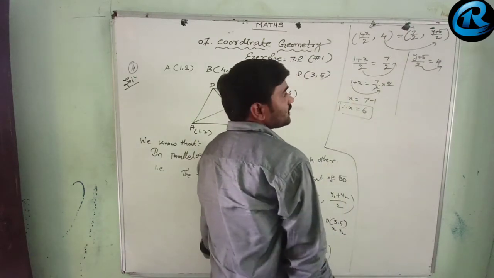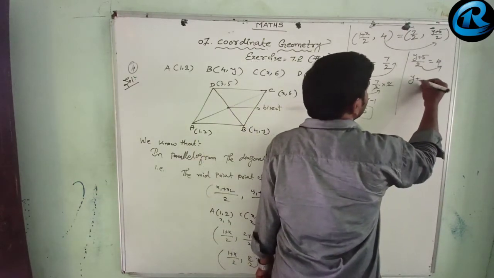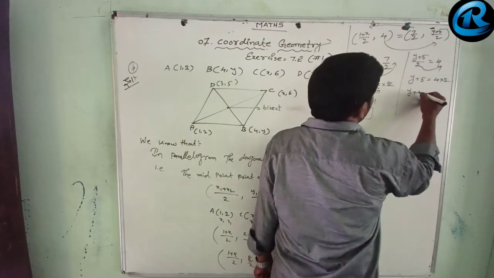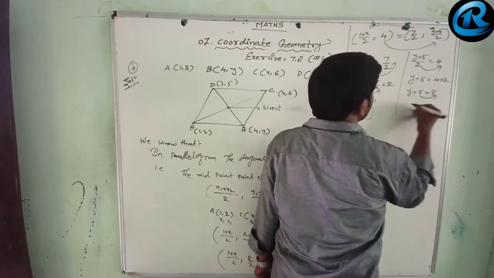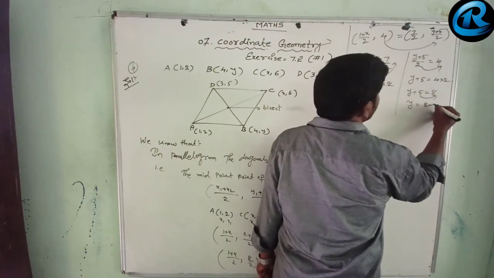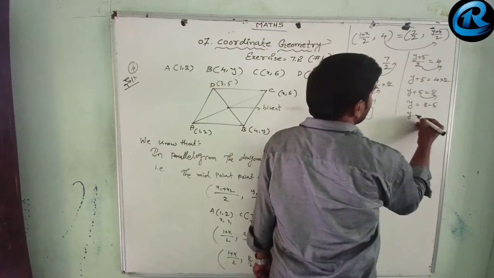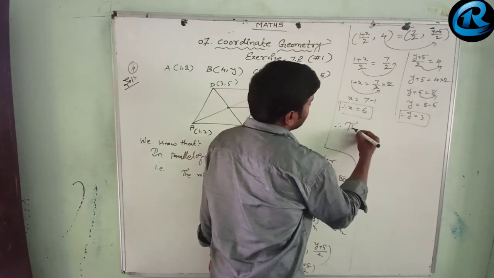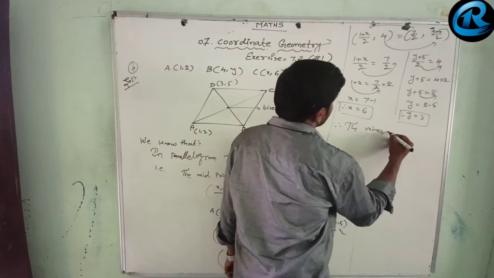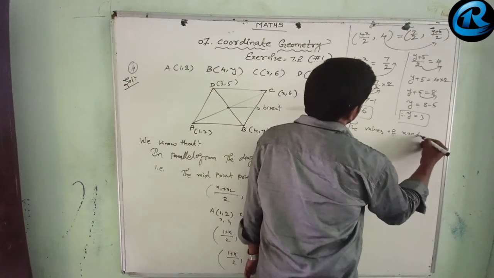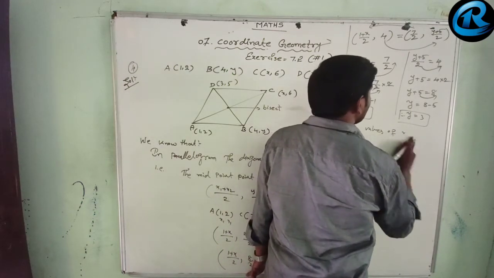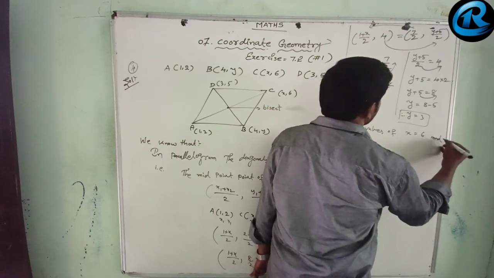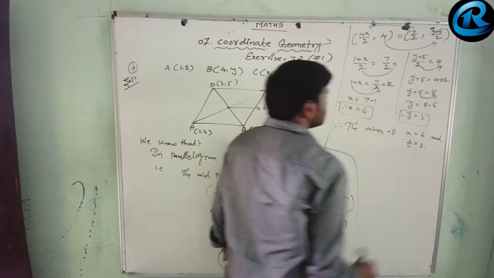Here 2 is dividing, if you transfer to the other side of the equation it becomes multiplication, that is 4 into 2. y plus 5 equal to 8. This plus 5 you transfer this side, y equal to 8 minus 5, y equal to 3. Therefore the values of x is equal to 6 and y equal to 3.